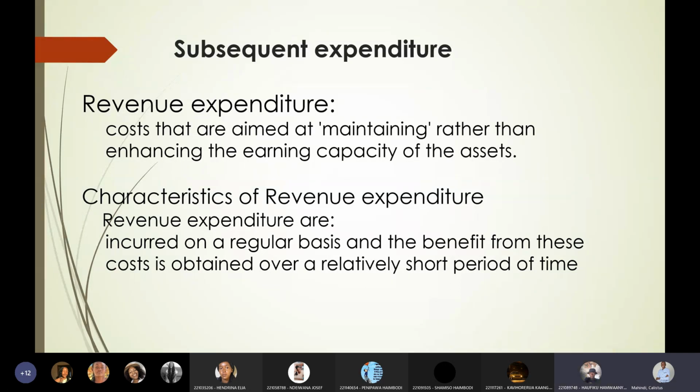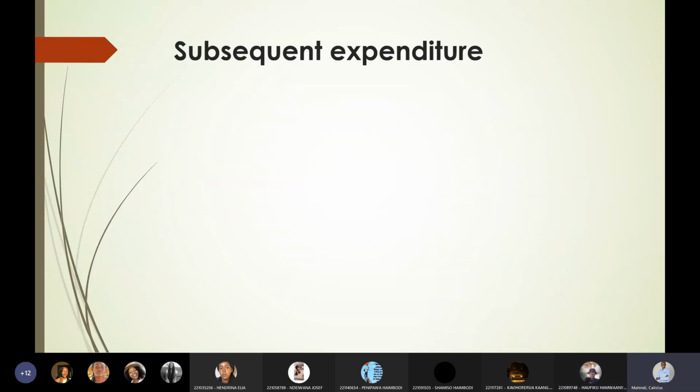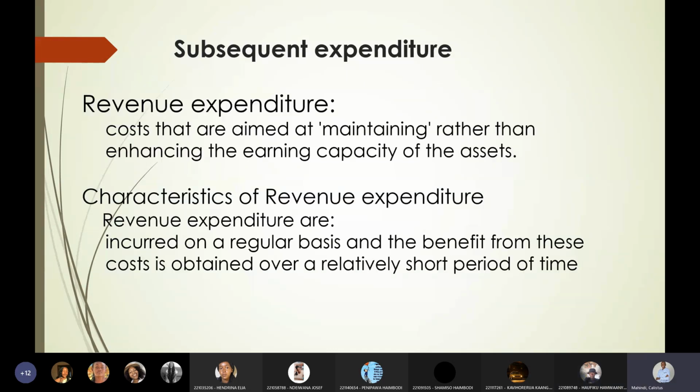For instance, NUST has classrooms. If you look at the lecture building, the classrooms in the lecture building. Now, assuming NUST goes and paints all the classrooms in the lecture building, okay? The painting cost is considered a revenue expenditure because the buildings will have to be repainted on a fairly regular basis.